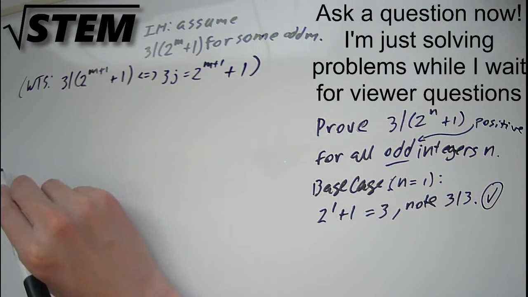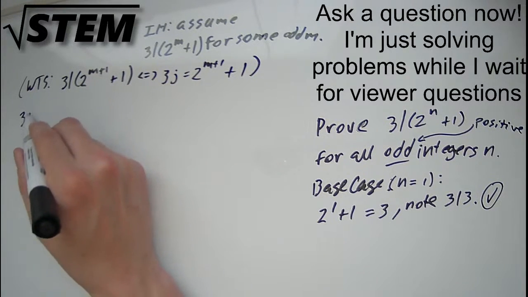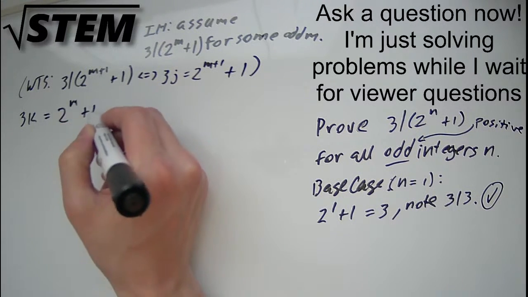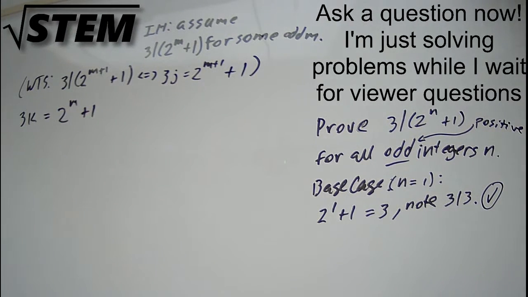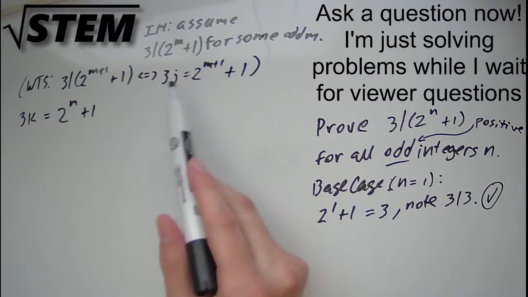Okay. So we know from our inductive hypothesis that 3 times some integer k equals 2 to the m plus 1. Now can we get to this?